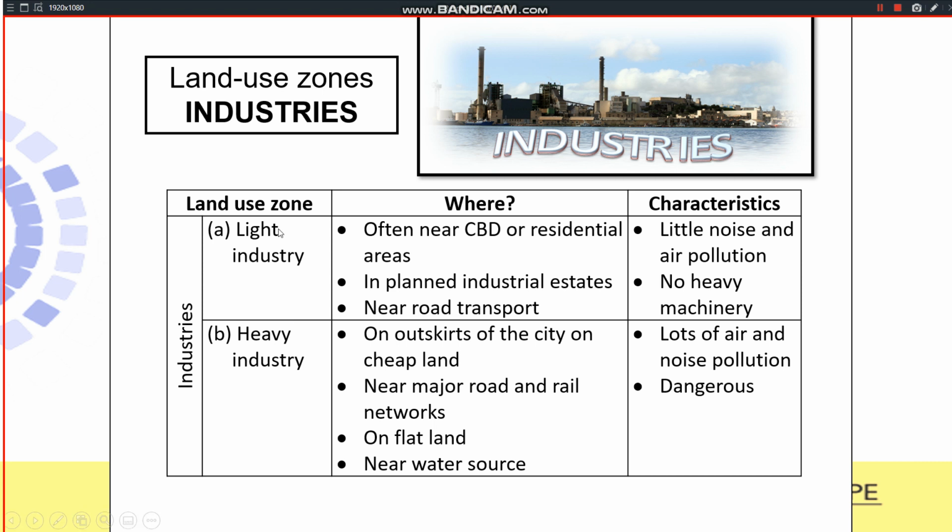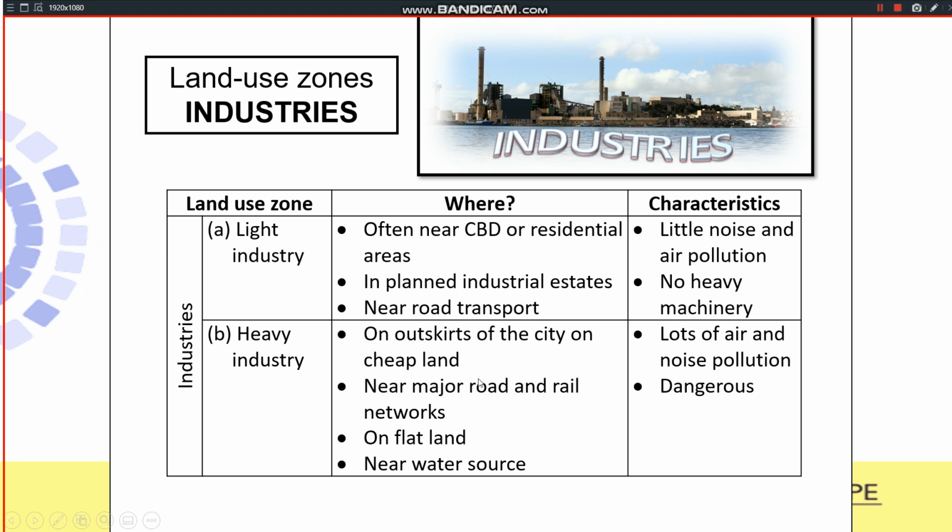A light industry is often near the CBD or residential areas. They are also in planned industrial estates, and it's near transport routes. What are their characteristics? They have very little noise and air pollution, and they don't deal with heavy machinery. It's a light industry. Heavy industries are usually found on the outskirts of the city.